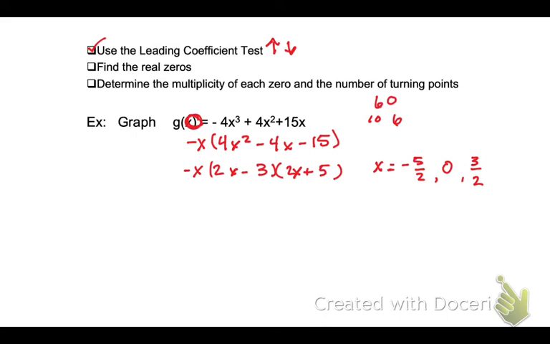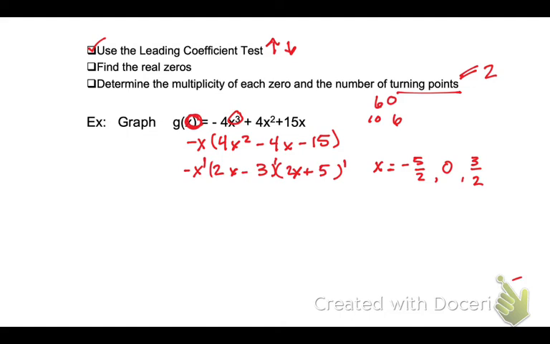Okay. Oh, I didn't do turning points on the last one. How many turning points am I going to have? 3, no. Minus 1. 2. And multiplicity of all these is? So there's a 1, a 1, and a 1, right?